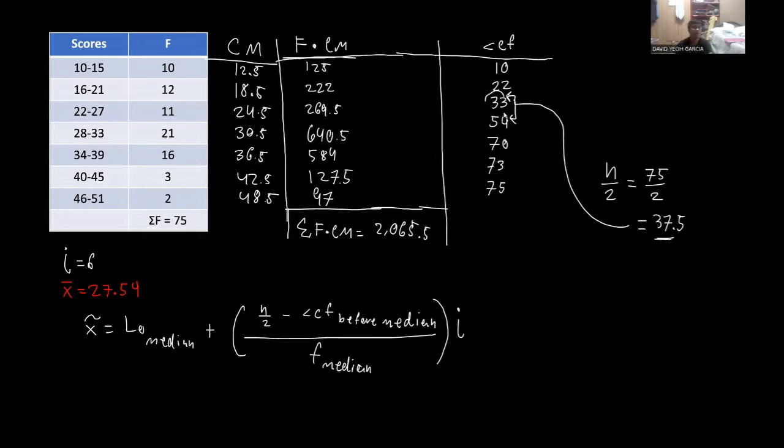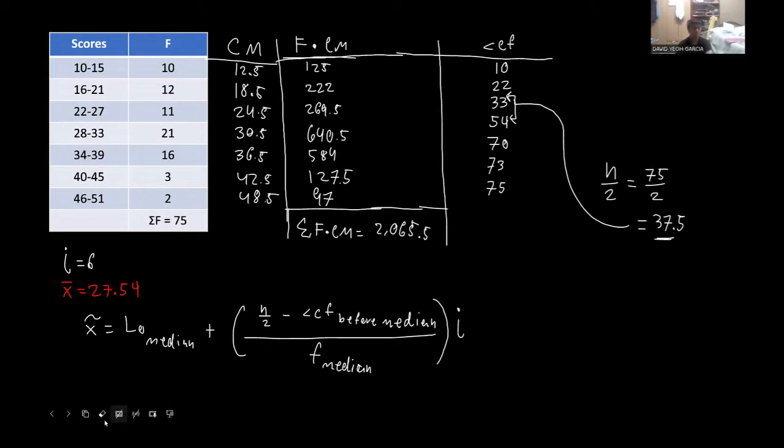Because if you're going to make an interval from 33 to 54, it will have numbers like 33.3, 34.5, 36, 37.5, etc. So that's a good thing. You located 37.5 in between these two consecutive cumulative frequencies, which are 33 and 54.